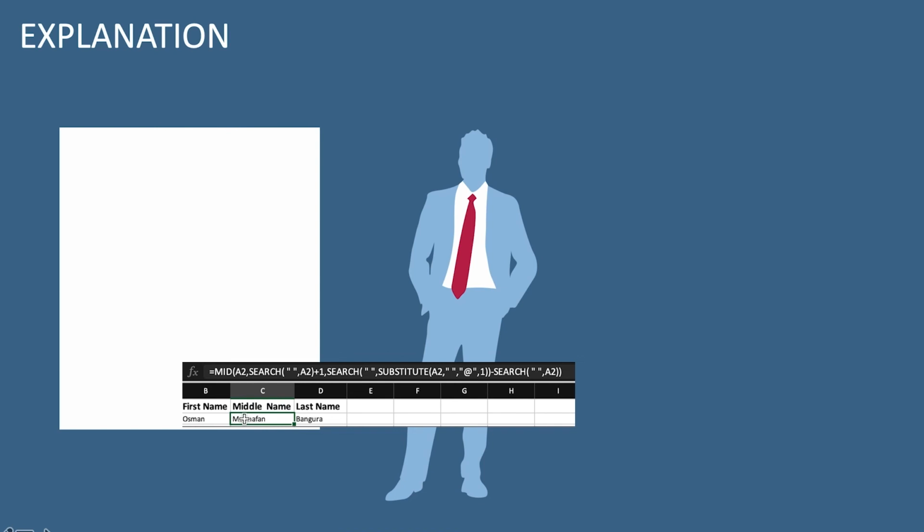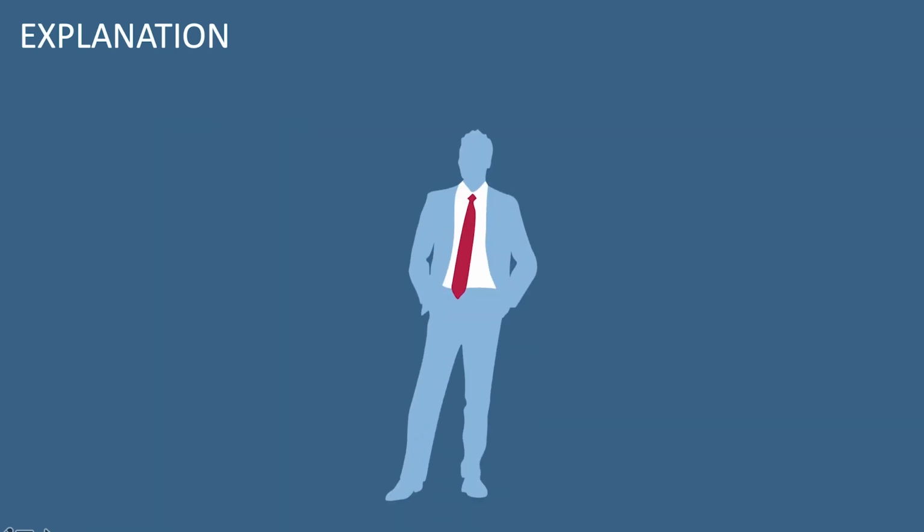The search function, search space in A2 plus 1, easily gives the starting position for the middle name, one position after the first space. However, finding out how many characters to extract can be a little tricky.